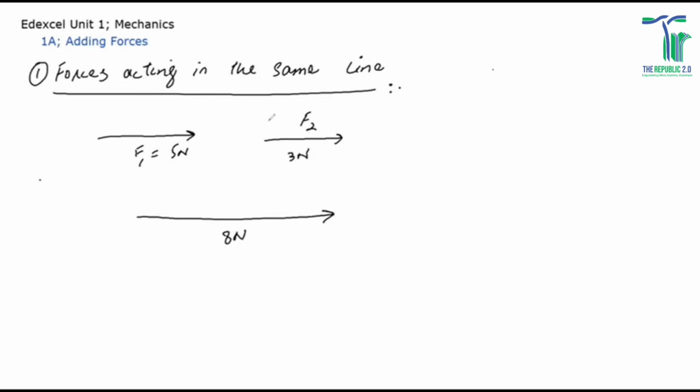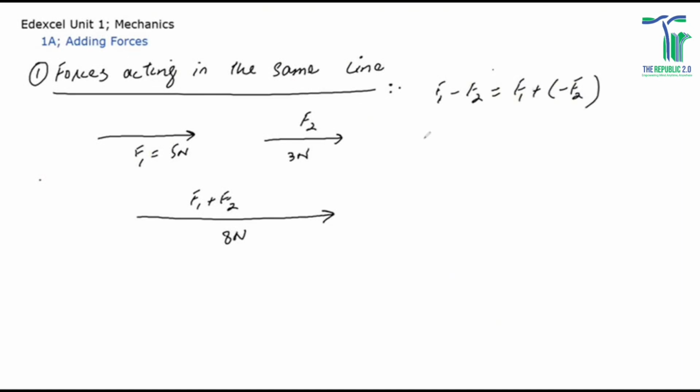Now, for example, somebody tells us to get F1 minus F2. First of all, F1 minus F2 is the same thing as F1 plus F2. The only thing that we're going to do is just add the negative of F2 into F1.